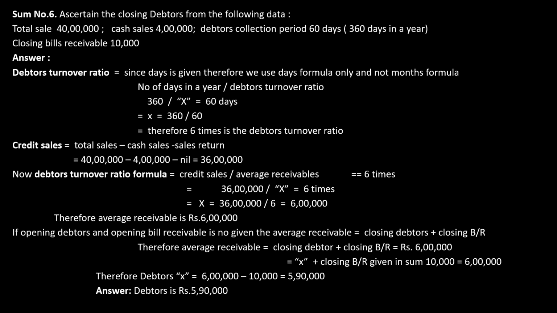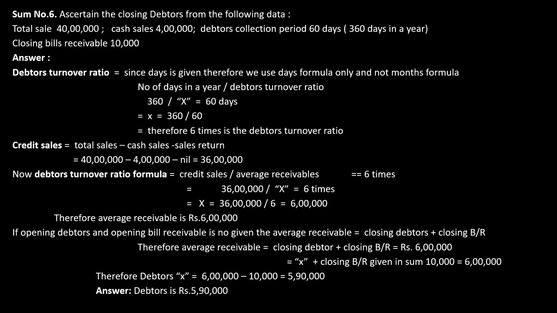Now once I know the debtors turnover ratio, that is 6 times, I use the formula for debtors turnover ratio: credit sales by average receivable. I know the credit sales as 36 lakh, that is 40 lakh minus 4 lakh. Total sales minus cash sales will give me credit sales.